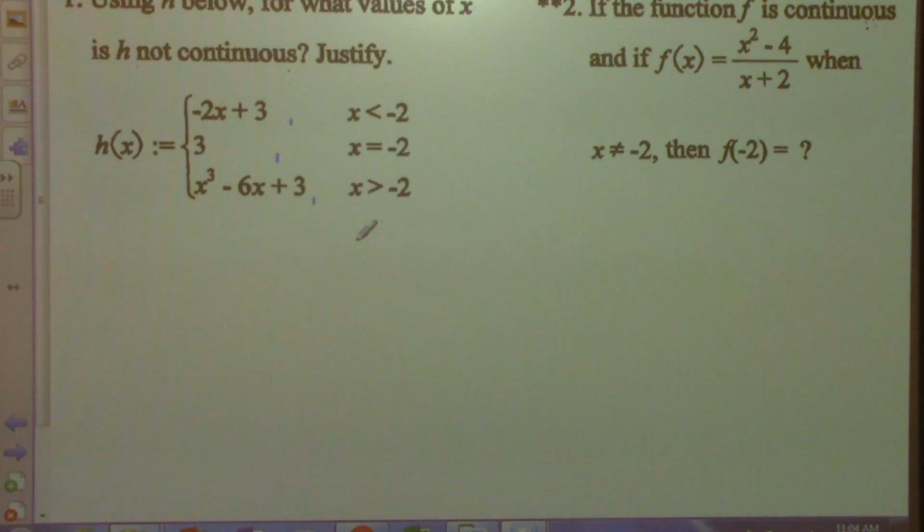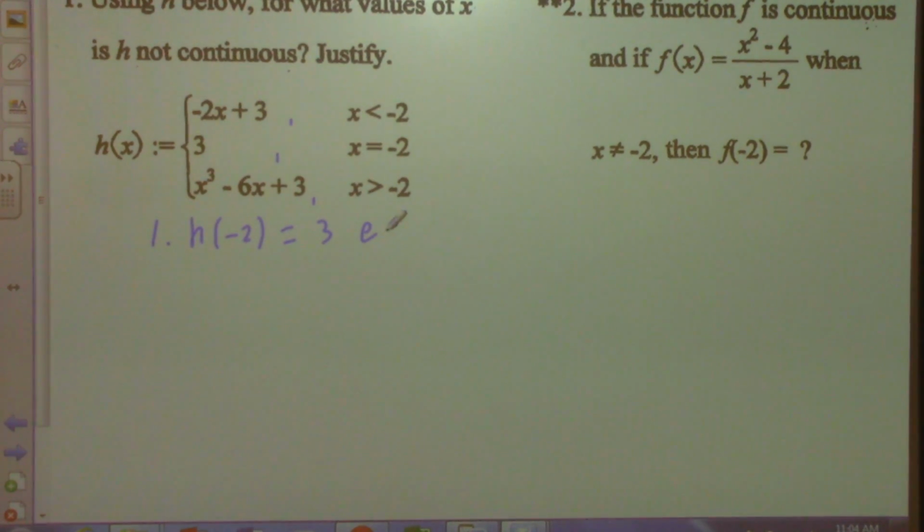And so let's go about our conditions here. Condition 1, and the critical value here is negative 2. So we can call this a critical number. So h of negative 2 is equal to what? 3.